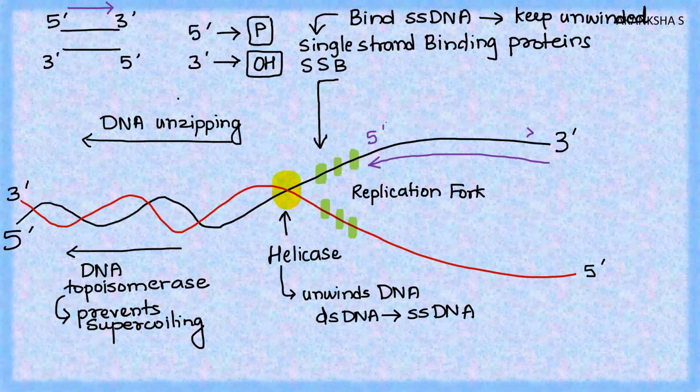If the original direction is 5' to 3', the newly constructed DNA should run from this side to this side. Always remember, no matter if you want to copy the DNA or not, two strands of DNA are always going to be antiparallel or opposite in orientation. If the original strand is running from 5' to 3', you need your other strand running in the opposite direction. Okay, I hope up till here things are clear.